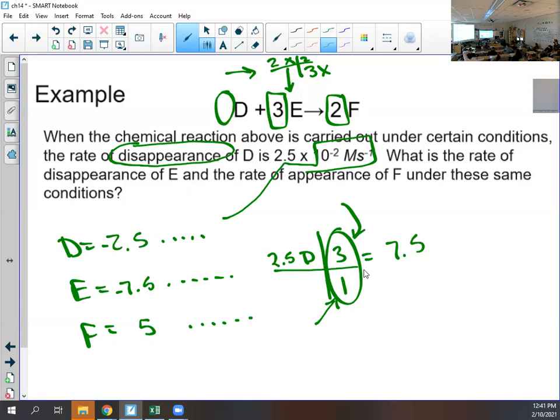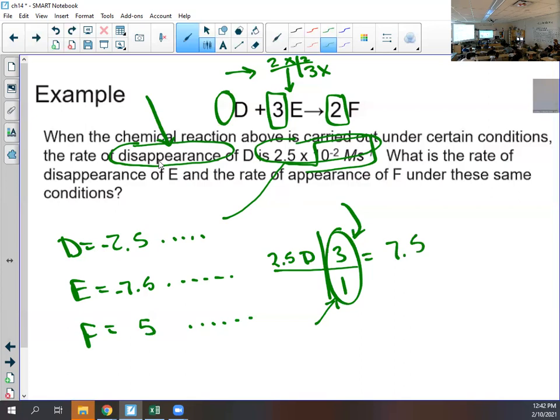Yes, Judah. Right here? Yeah, I put the negative right here. But also, the reason this doesn't give you a negative right here is because it is stating that it is a disappearance. So it's fine.